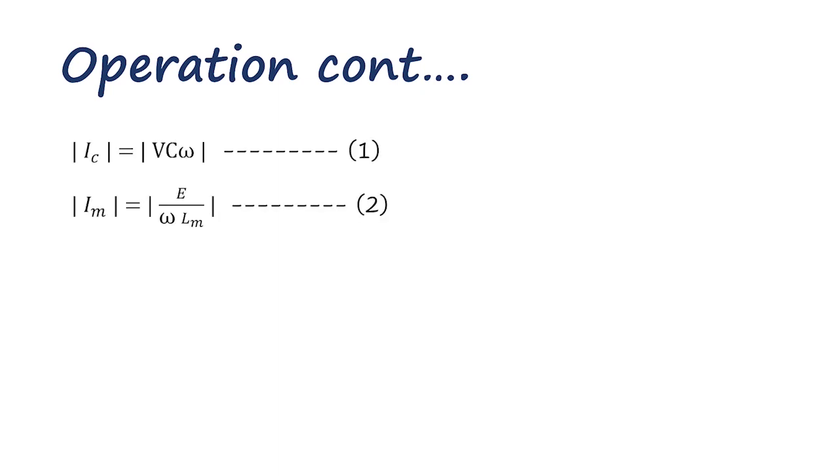Note that the previous assumptions are only valid under no-load conditions. Currents IC and IM can be calculated using equations 1 and 2. Here, Lm varies depending on the saturation, and omega is the angular frequency of the machine at its terminals.